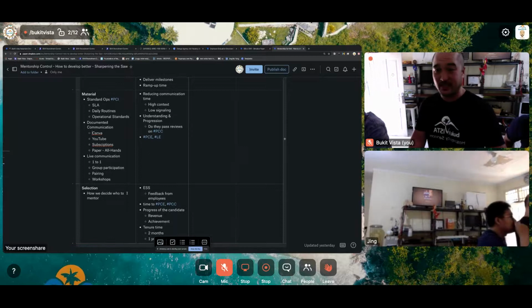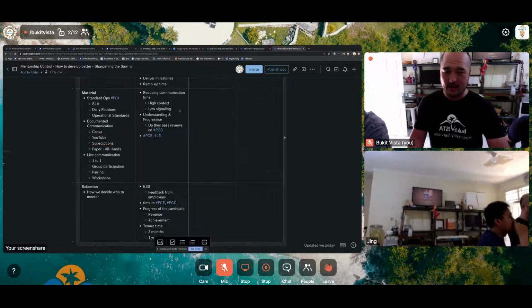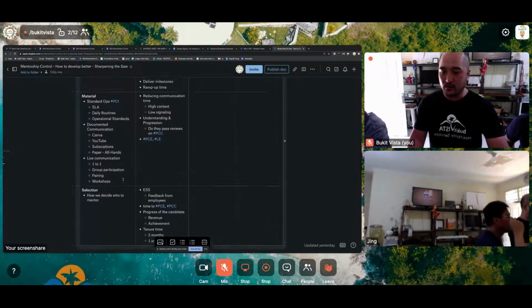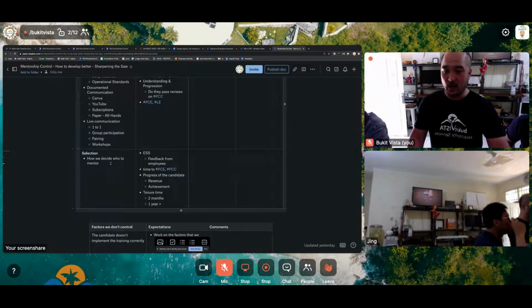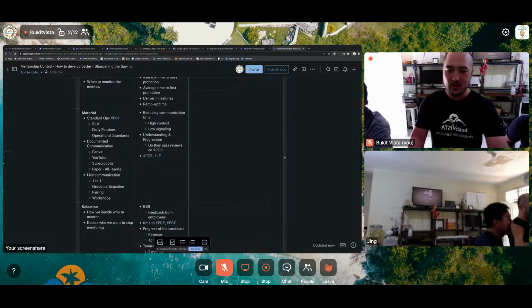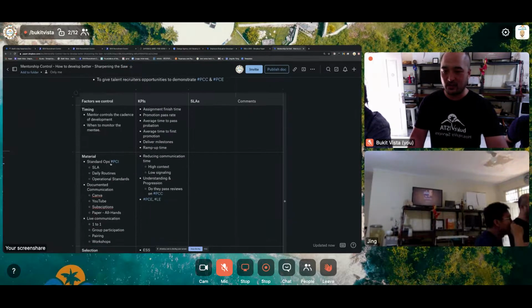That's all part of our material that we share with candidates. We also do selection. We decide who we want to mentor, and we also decide who we want to stop. Okay, so those are effectively the controls on mentorship.